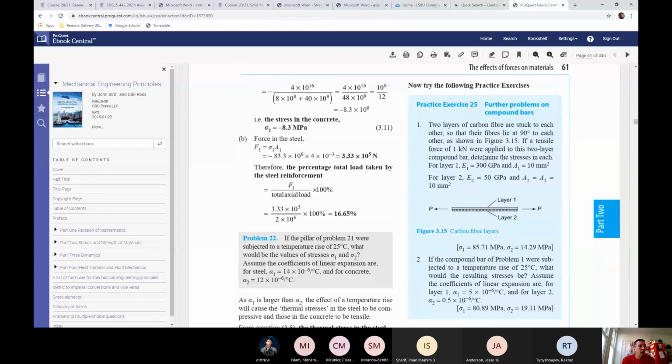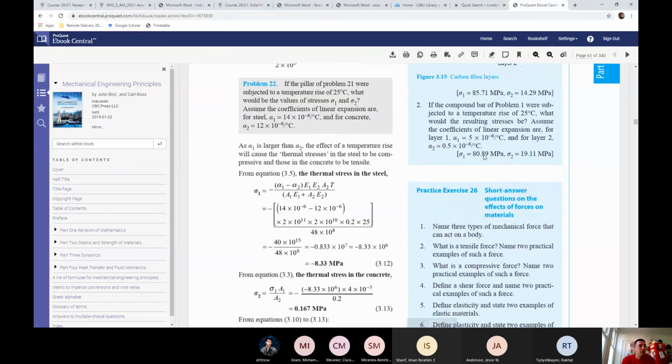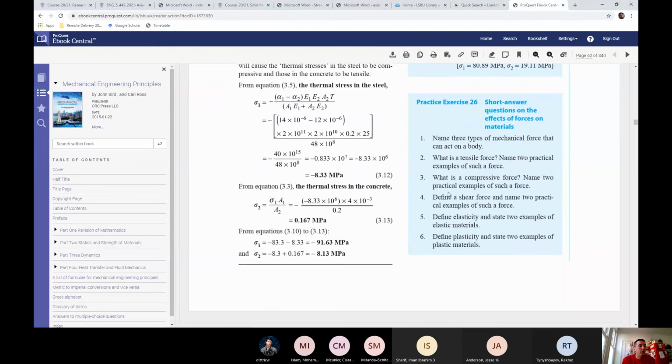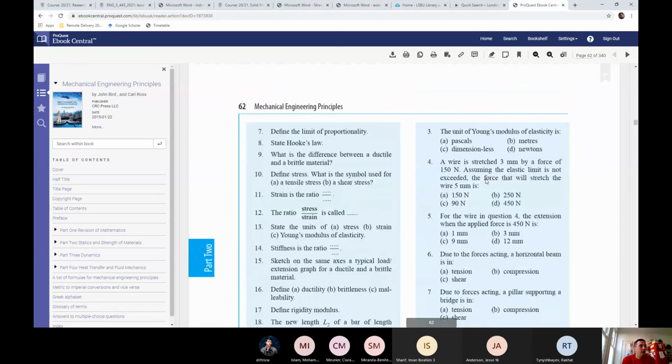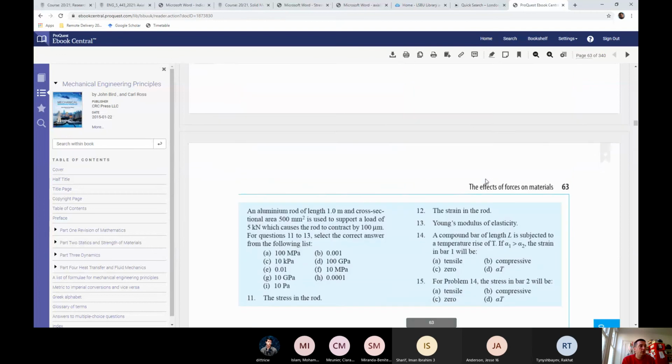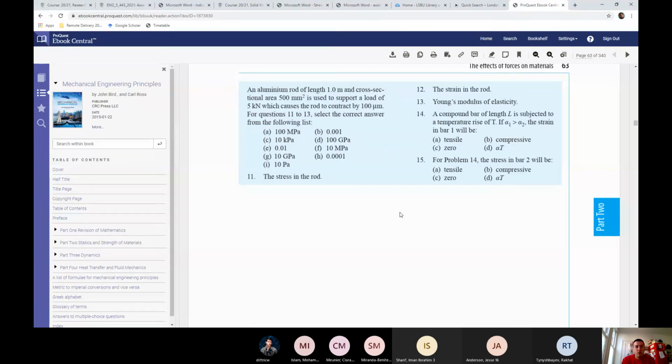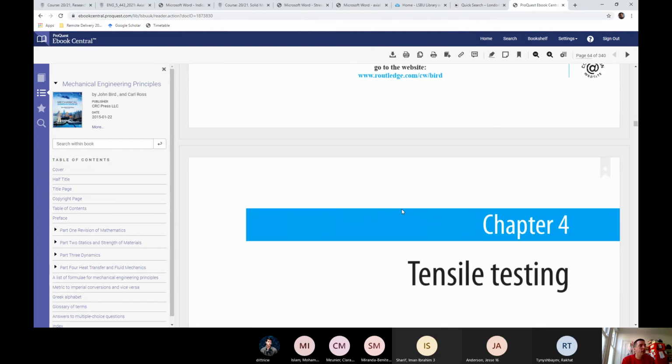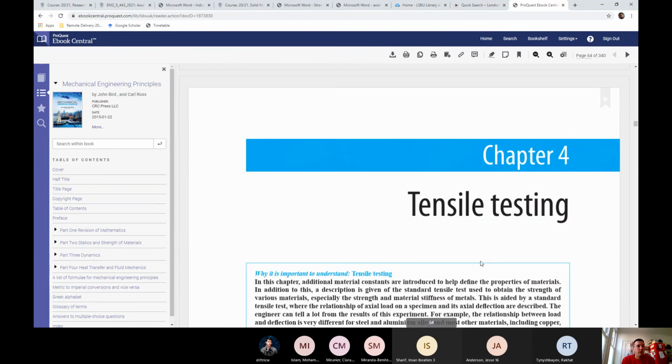And again, there are all these additional problems, and even these short answer questions are definitely worth making sure you're good at. So I would say all that section of the book is really good revision for what we're doing at the moment. And then at this stage it moves on to something quite different.